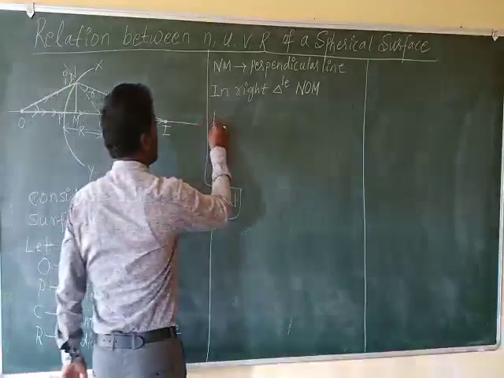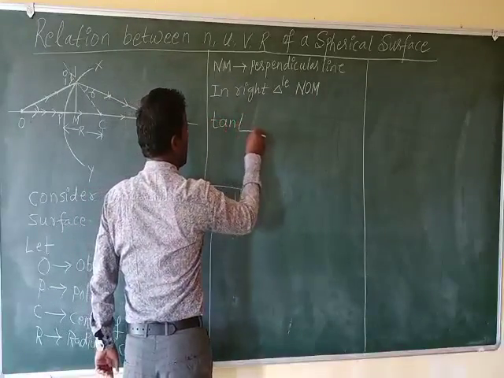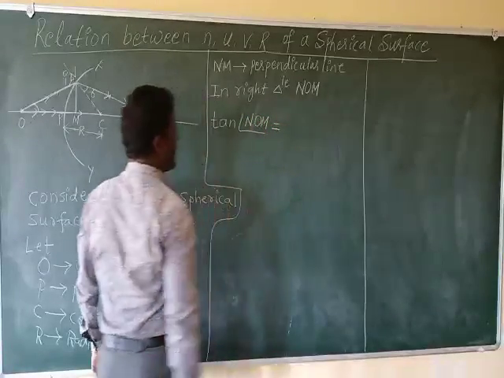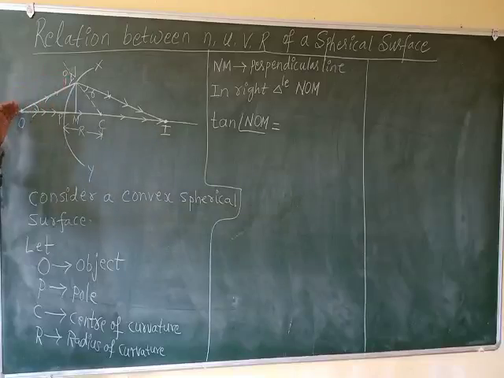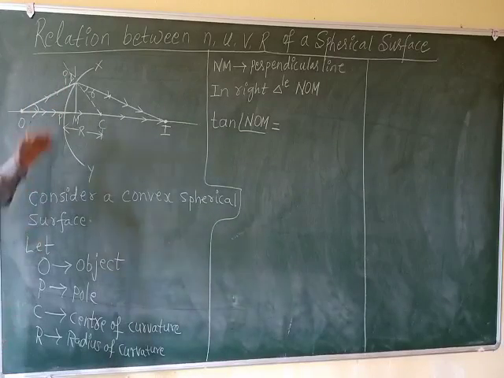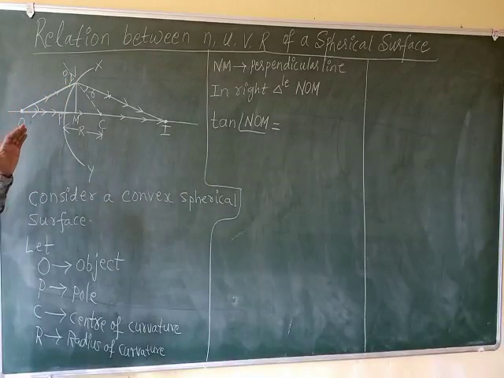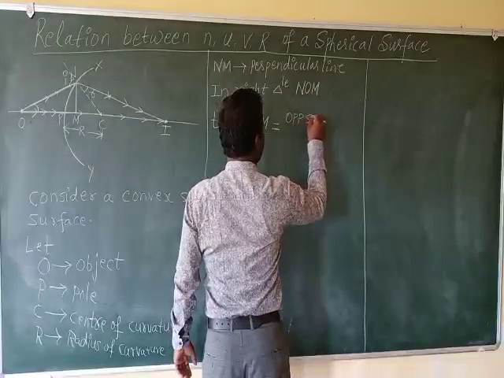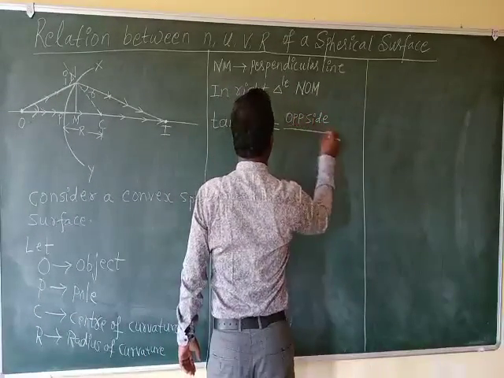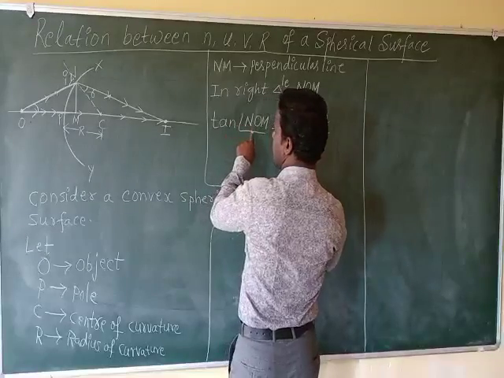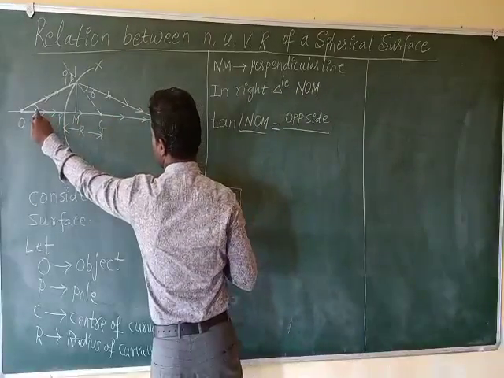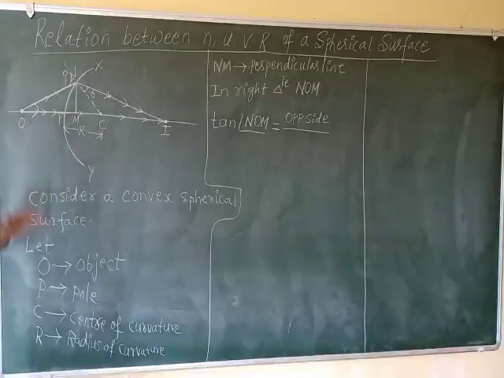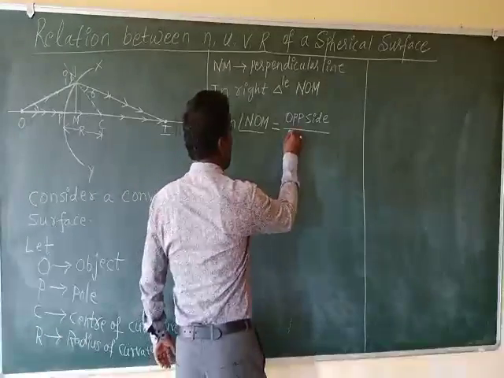Tan of angle NOM is opposite side by adjacent side.